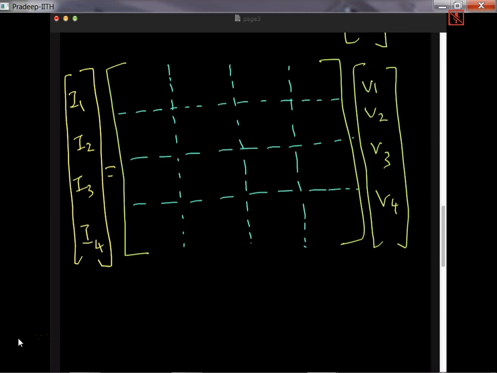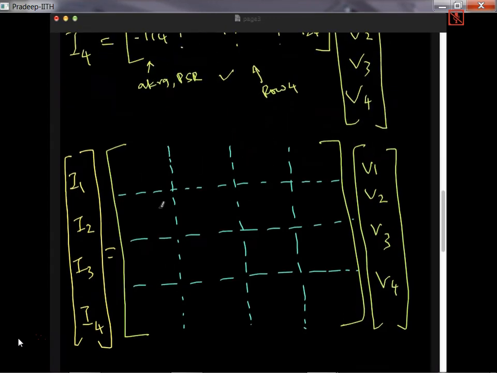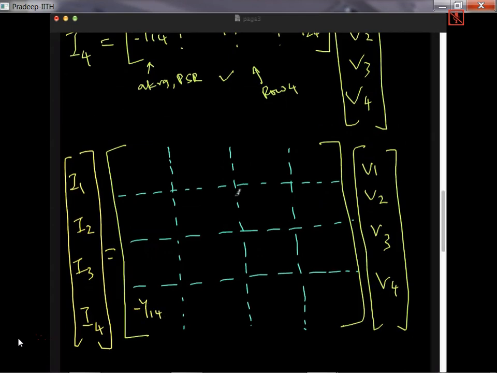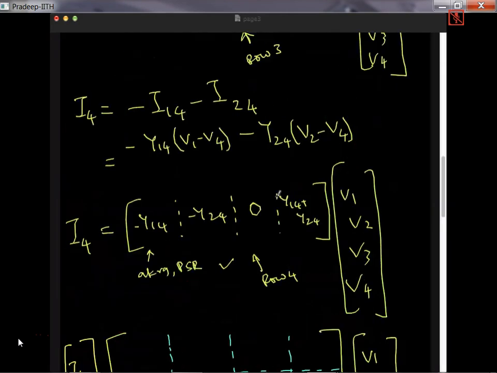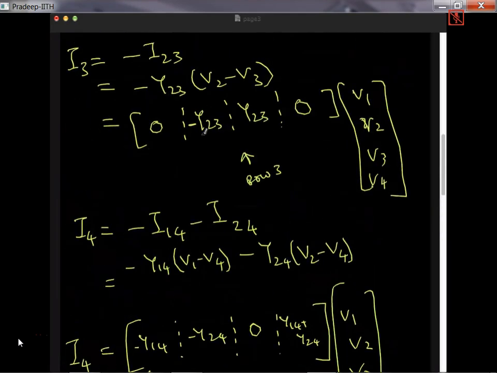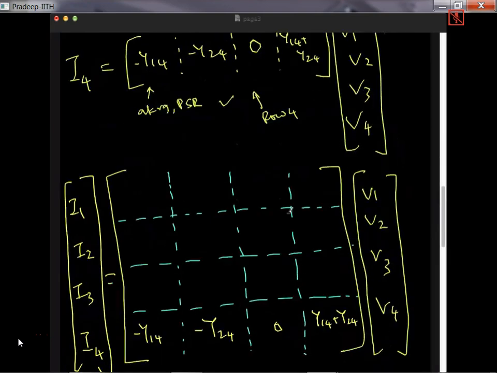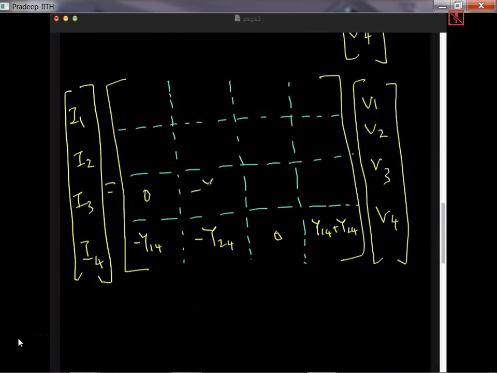So row 4, I can directly, just above it is there. So I'll write row 4. So minus Y14, minus Y24, 0, Y14 plus Y24. That's it. So what is row 3? If I go up and find row 3: 0, minus Y23, Y23, 0.